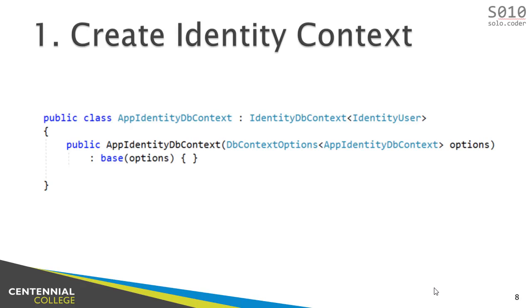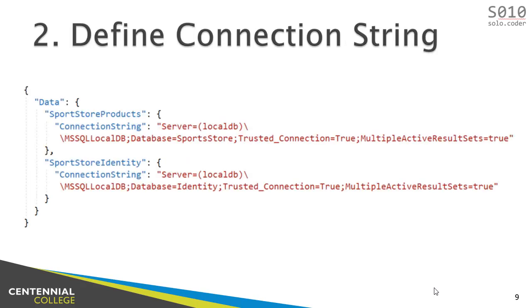When we read this word identity, we are talking about users, passwords, and validation, okay? So it's a very simple class that will allow you to reach the user database, okay? And again, you have seen that if you have done the video.